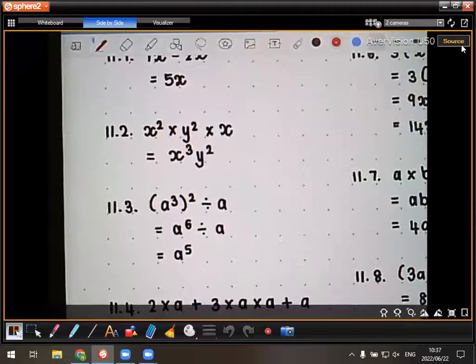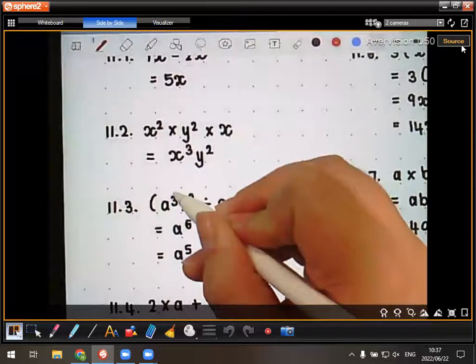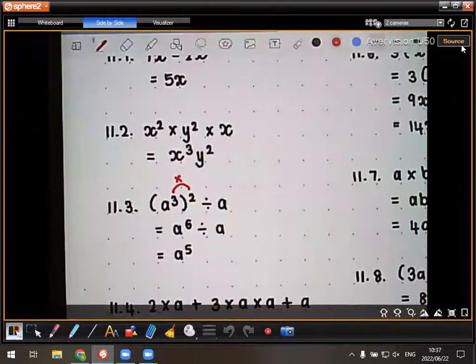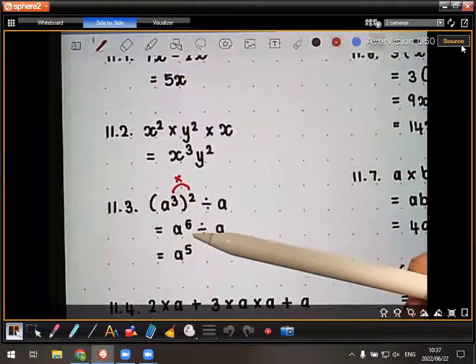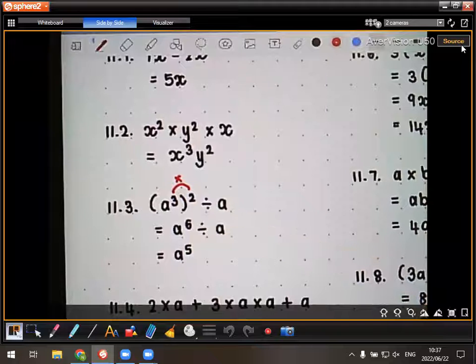For 11.3, do we remember when we have an exponent inside a bracket and outside a bracket? You times those exponents together, right? So 3 times 2 is 6. So that is a to the 6. We are now dividing that by a. So I have 6 a's divided by 1a. How many a's will be left? 5.